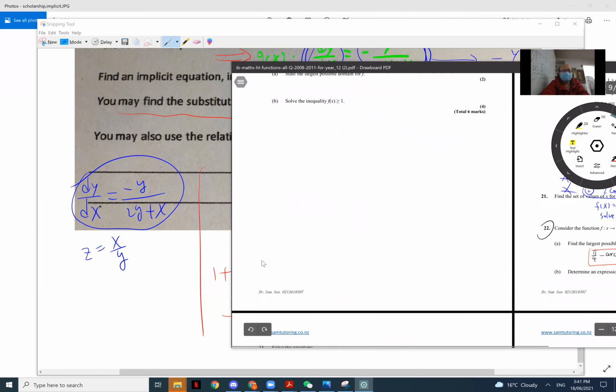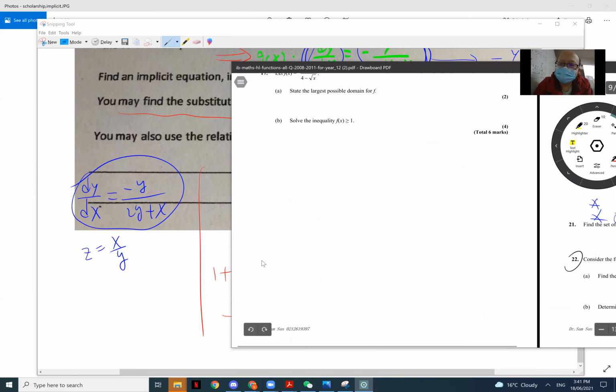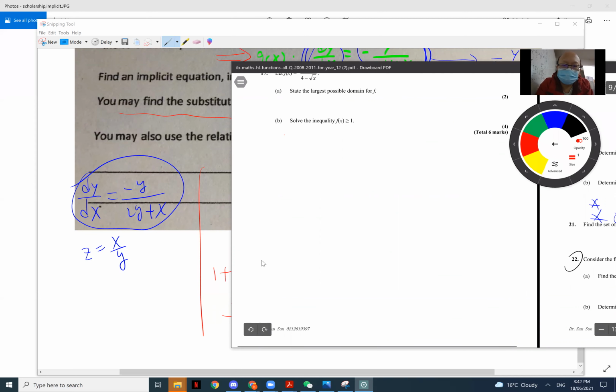The whole idea is just how you solve this differential equation. There's no magic way. In the question, they ask you to say z equals x over y. It looks a little bit complicated.